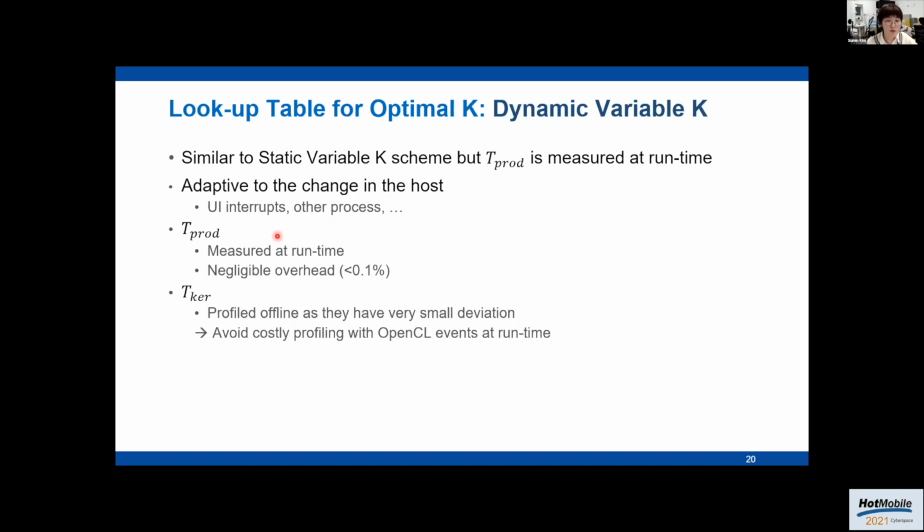The overhead of measuring T-food is less than 0.1% of the total time. For ticker, we still use a statically profiled value because they have a very small deviation. We can avoid costly profiling with OpenCL events at runtime.